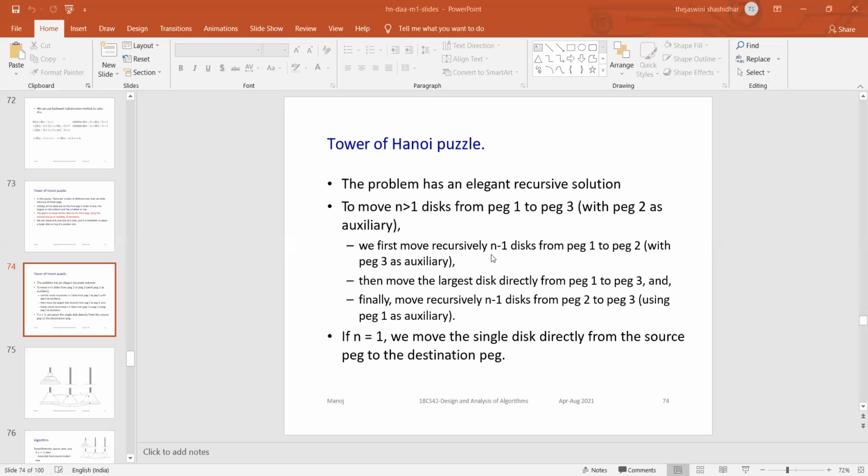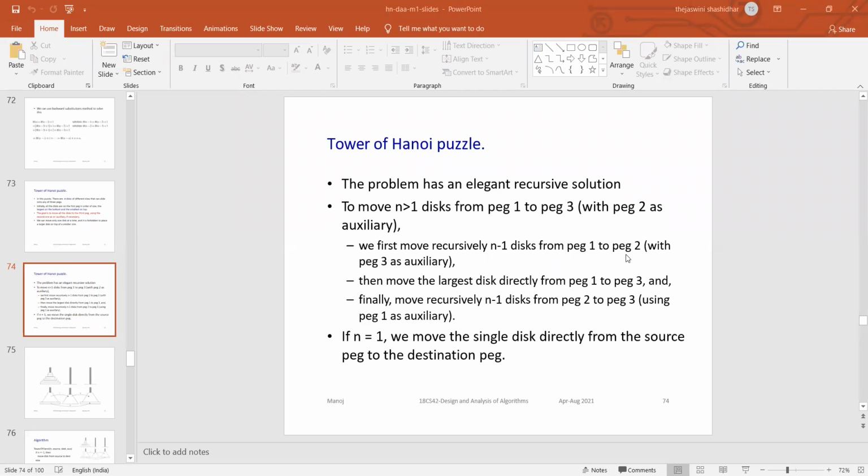First you move n minus 1 disks, that means the first disk and second disk from the topmost order. So with 3 disks, you take disk 1 and disk 2 and move them from peg 1 to peg 2. Remember there are 3 disks: disk 1, disk 2, disk 3.